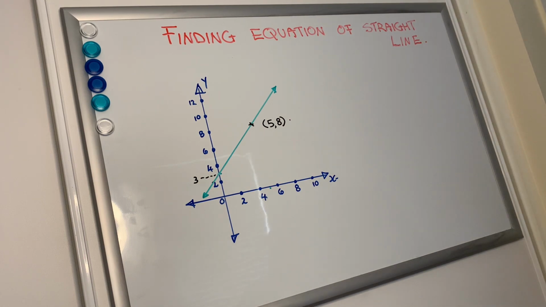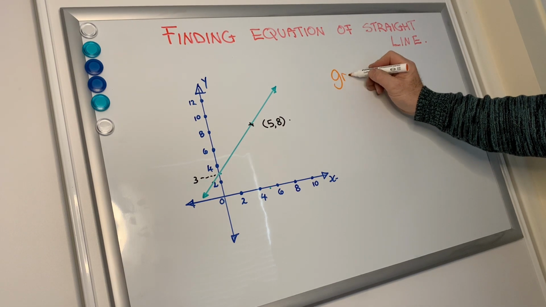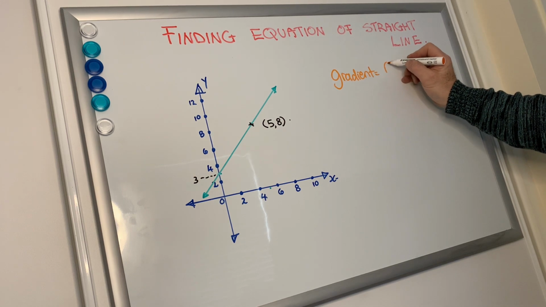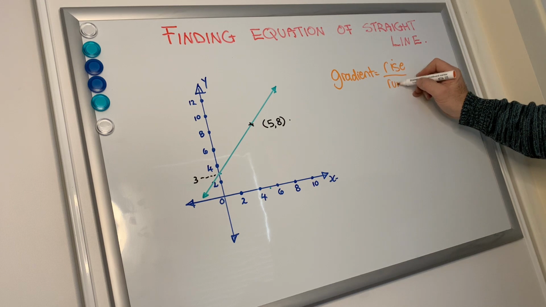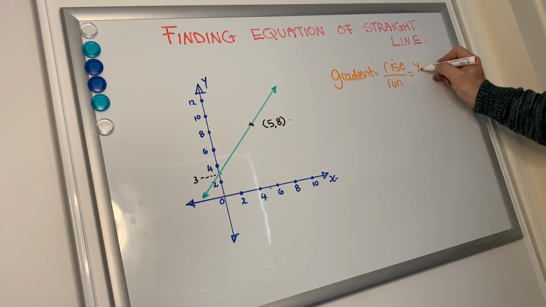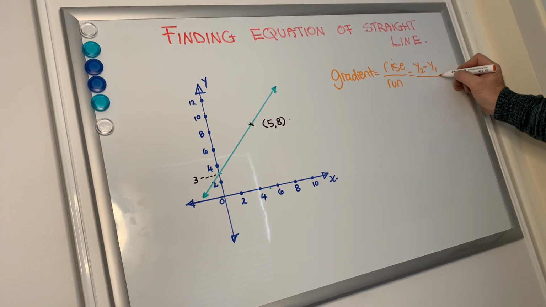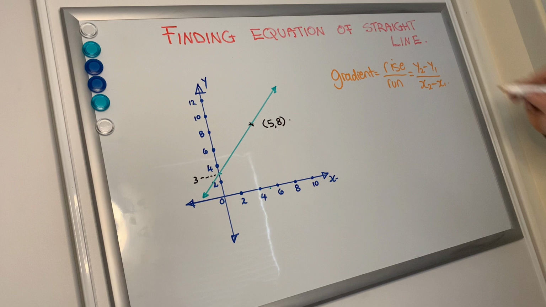What we had a look at the other day was an introduction to gradient, and we spoke about the gradient being equal to the rise over the run. And it was also equal to the change in y, which is y2 minus y1 divided by x2 minus x1.